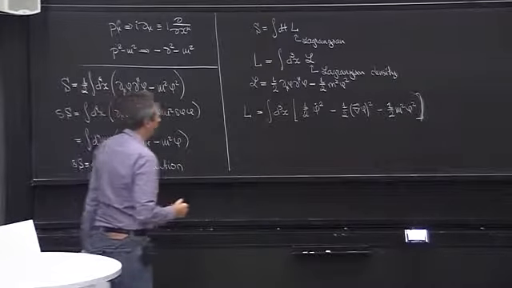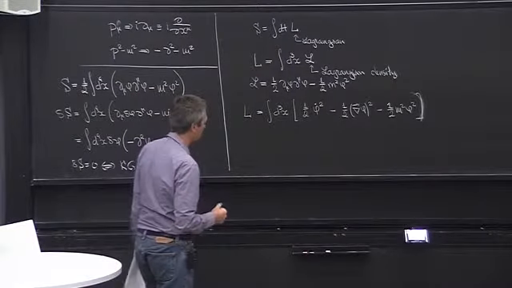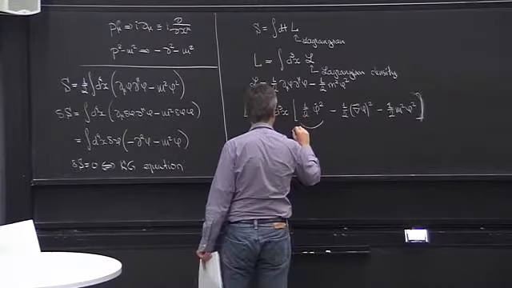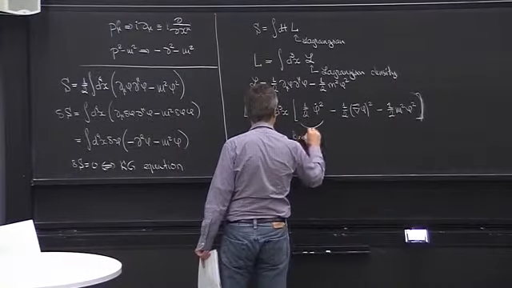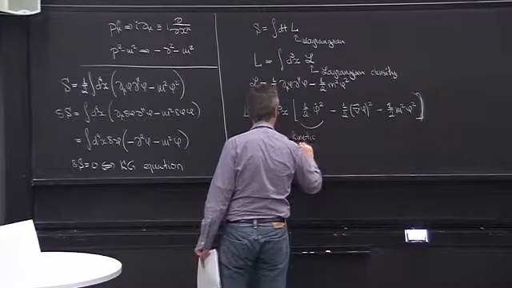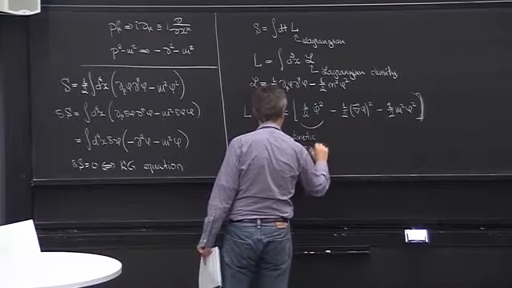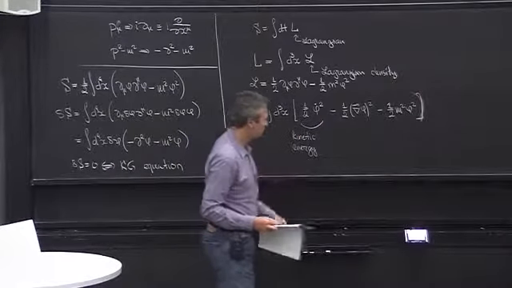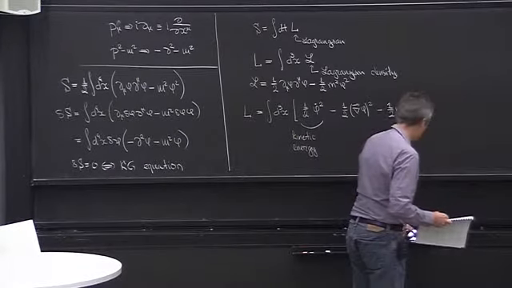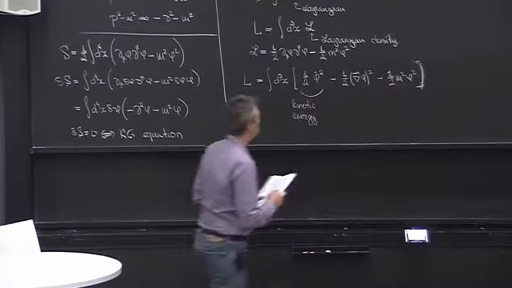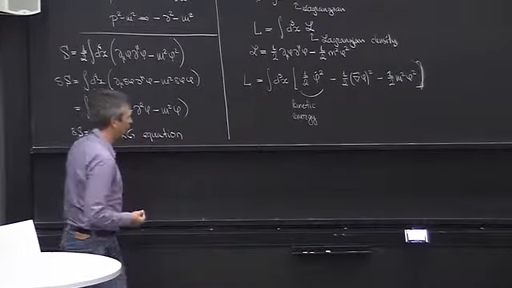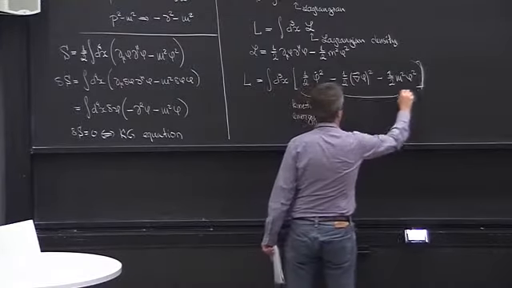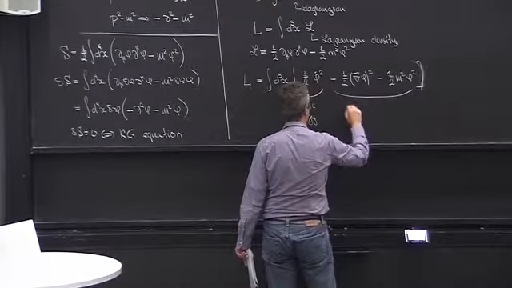Okay, so these three terms have clear physical meaning. So this is the kinetic energy of the field. It's like the q dot squared term in the mechanics of, say, a single particle. And these two terms correspond to the potential energy.